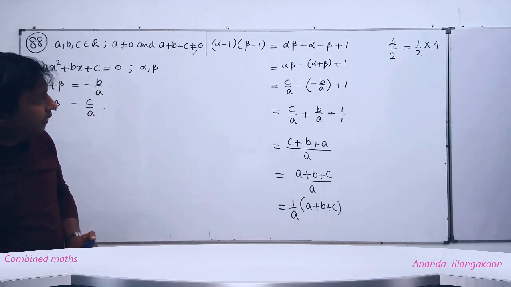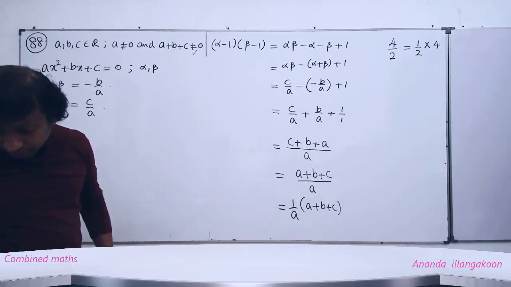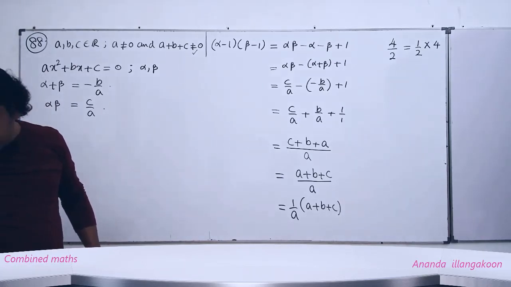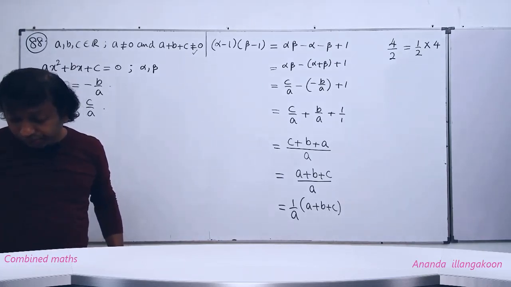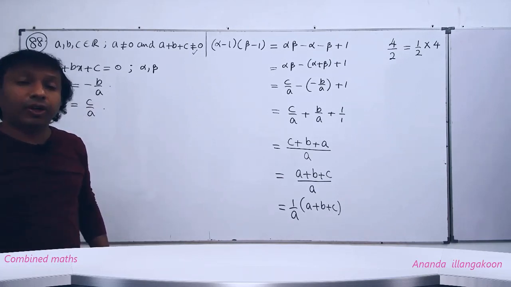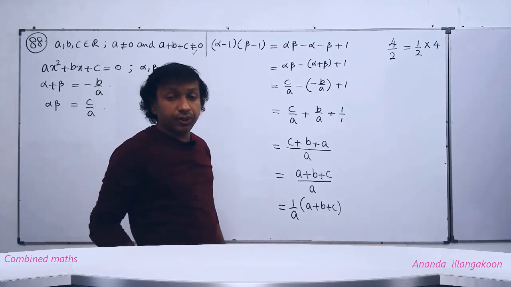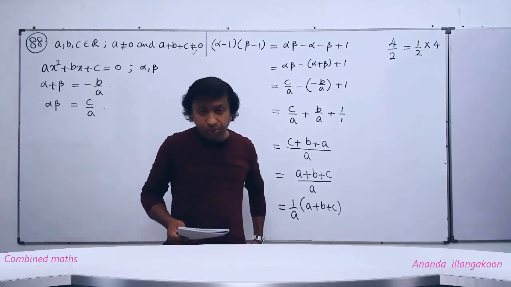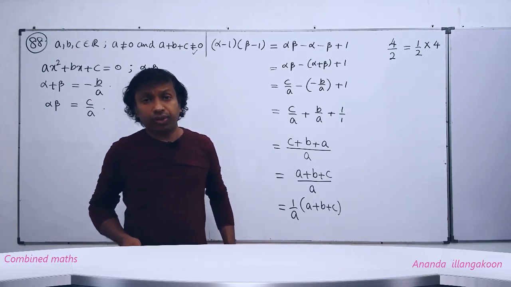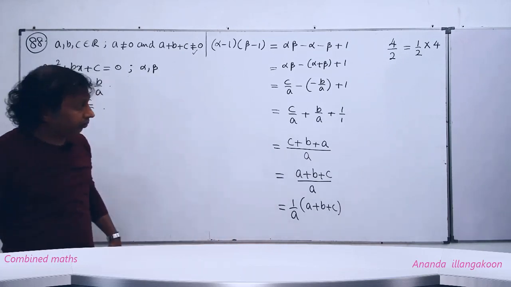Now we are asked to show that the quadratic equation with 1 upon (alpha minus 1) and 1 upon (beta minus 1) as the roots is given by g(x) equals 0, where g(x) is this. Now we need to find the quadratic equation with the roots 1 upon (alpha minus 1) and 1 upon (beta minus 1).